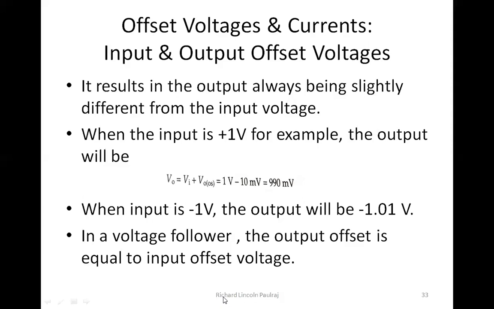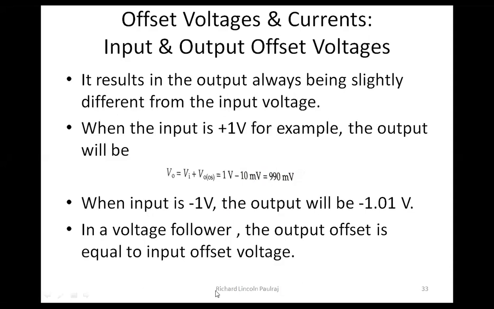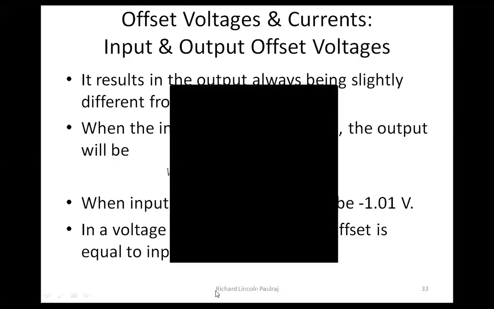Unless you have understood, there's no point in me proceeding with the higher level concepts, right? Hope you're understanding what I'm trying to say. So are you all clear as to why we are getting this 990 and what is the impact of input and output offset voltages? Yes, sir. Fine. Thank you, students, for your response.